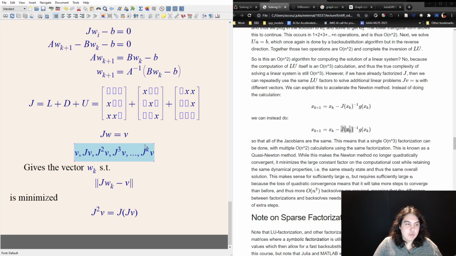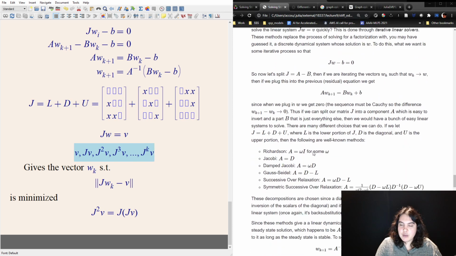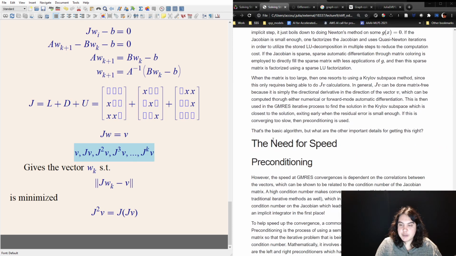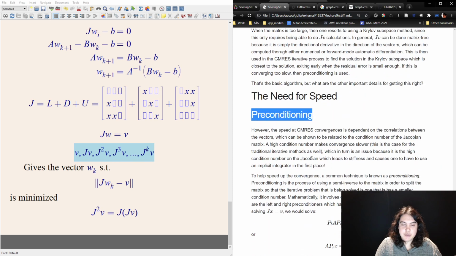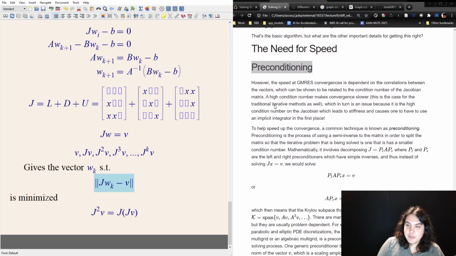Usually, one thing to know about that is very important is preconditioning, right? The key here is that if this process converges very fast, then it'll be faster than sparse differentiation. But it turns out that your convergence is slower when your matrix has a higher condition number.